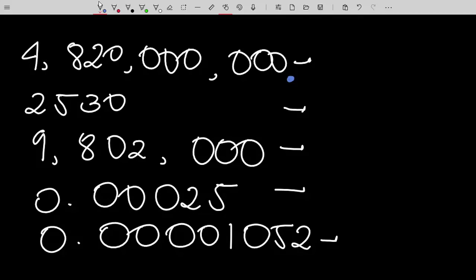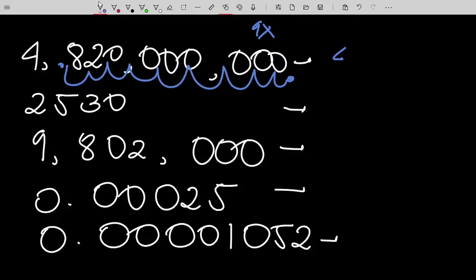Now, the next thing to do is to move this decimal into the left direction. So let's do that. 1, 2, 3, 4, 5, 6, 7, 8, 9. So we move the decimal 9 times. And we stop here at 4.82.